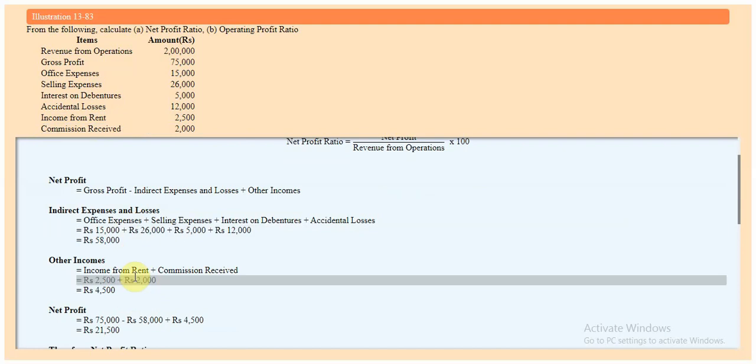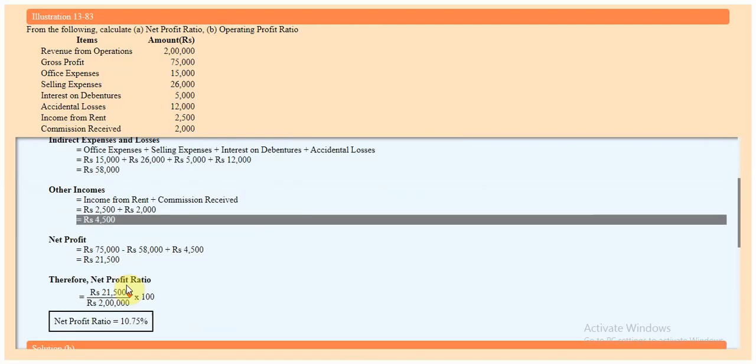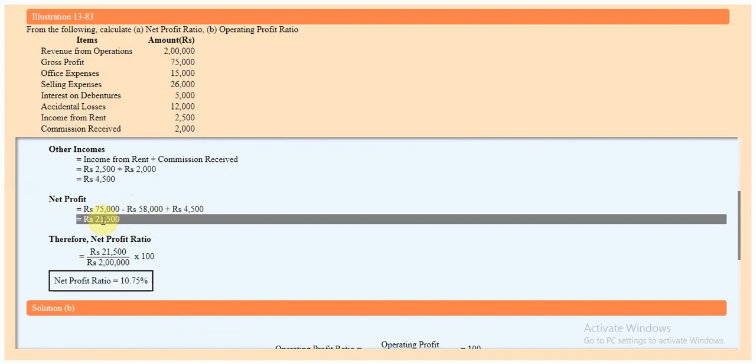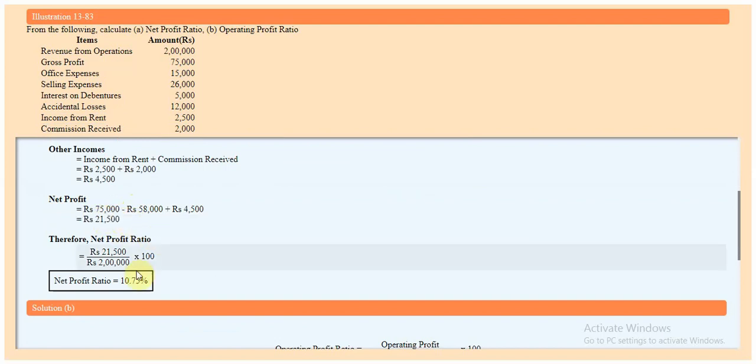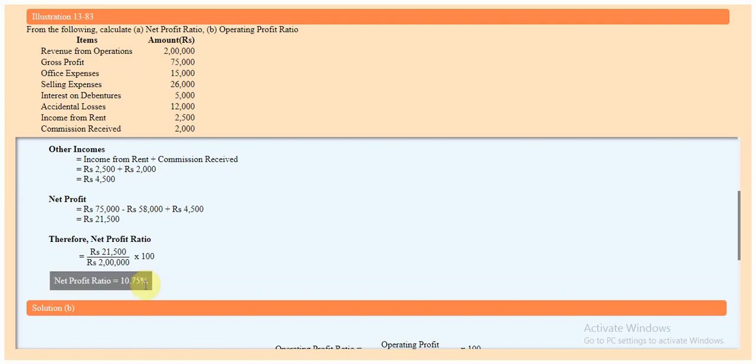Here we have done this in two different steps, that is indirect expenses and losses is separately found out and incomes is separately found out. After that, to the GP we are reducing the expenses and adding the income. We are getting a net profit of 21,500. So with this we can find out the net profit ratio. It comes to 10.75%.